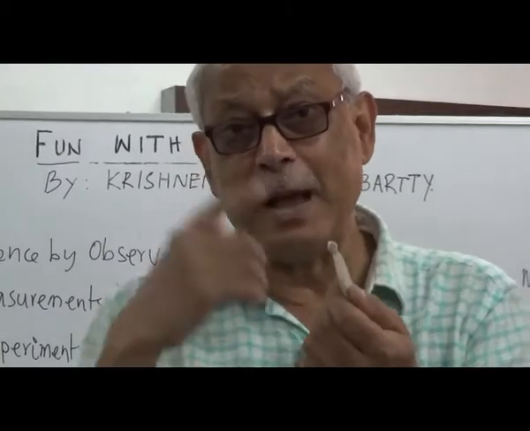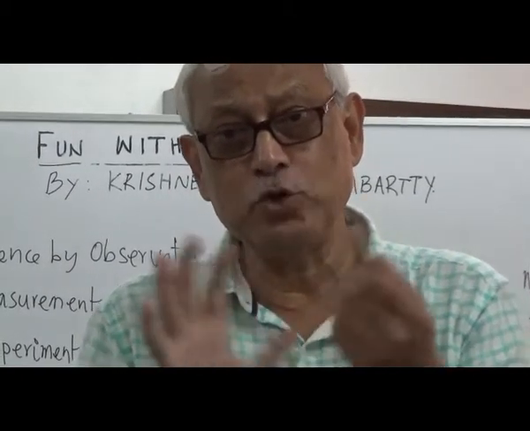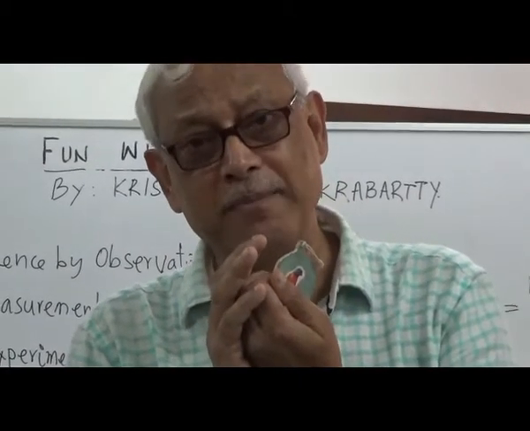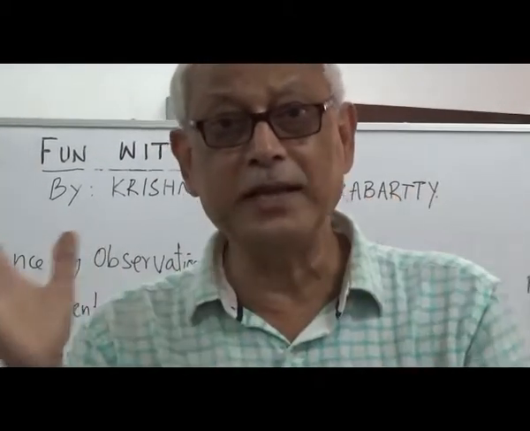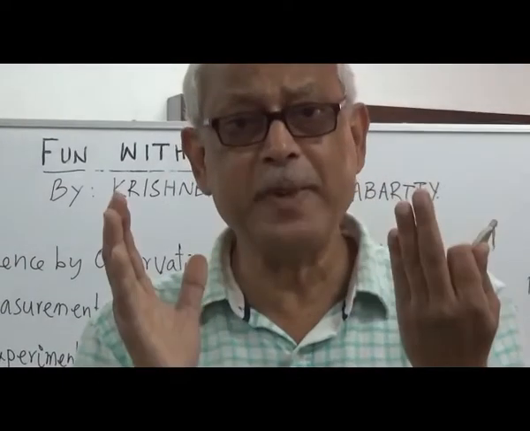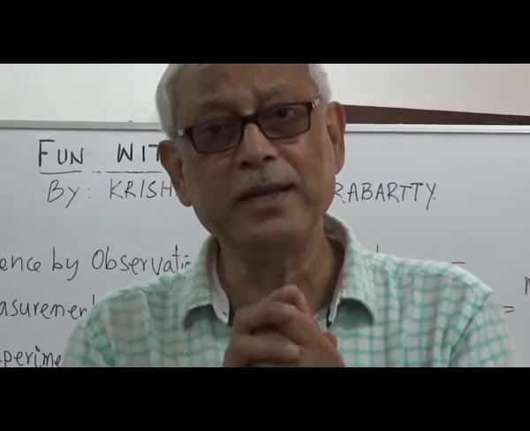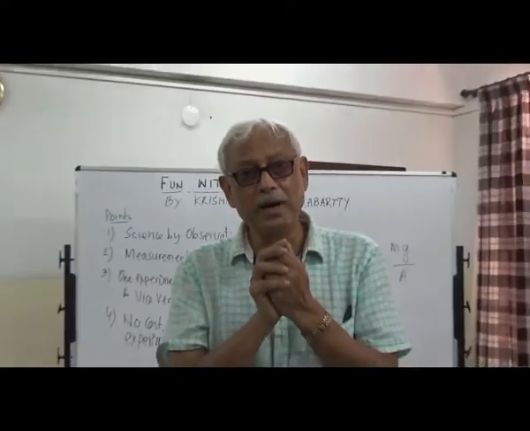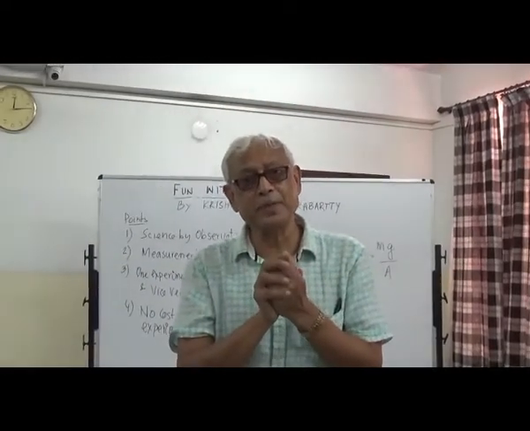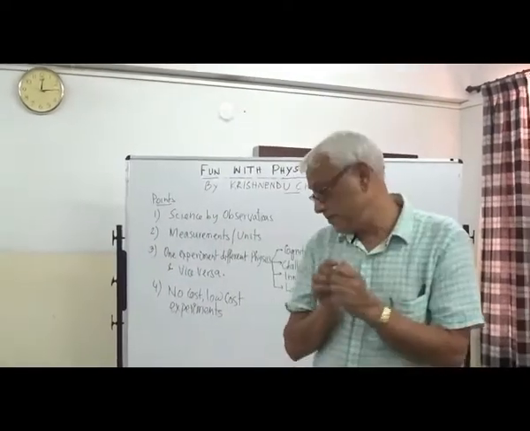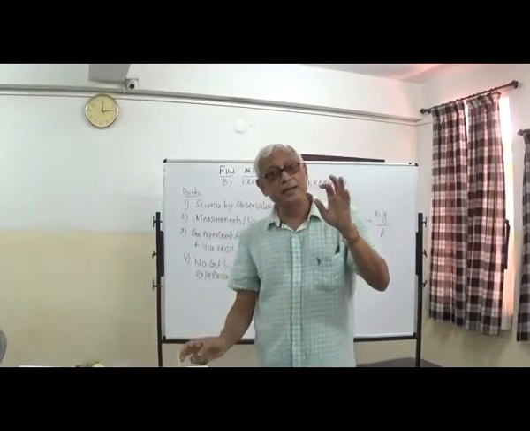But if the two figures come within that time frame, then you can't separate them as two different pictures, and therefore they superpose within the brain, and you think this is a bird within the cage. And that's the basic principle of movies.